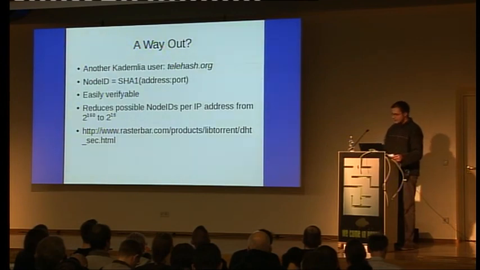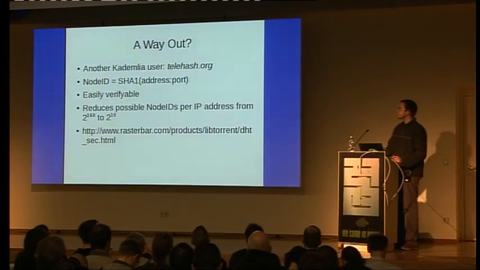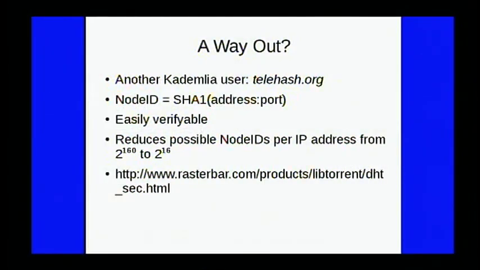So is there a way out? I discovered another protocol that uses the Kademlia DHT. It's Telehash by Jeremy Miller. The solution he approached is to not make the node ID random, but to make it a hash that is verifiable.